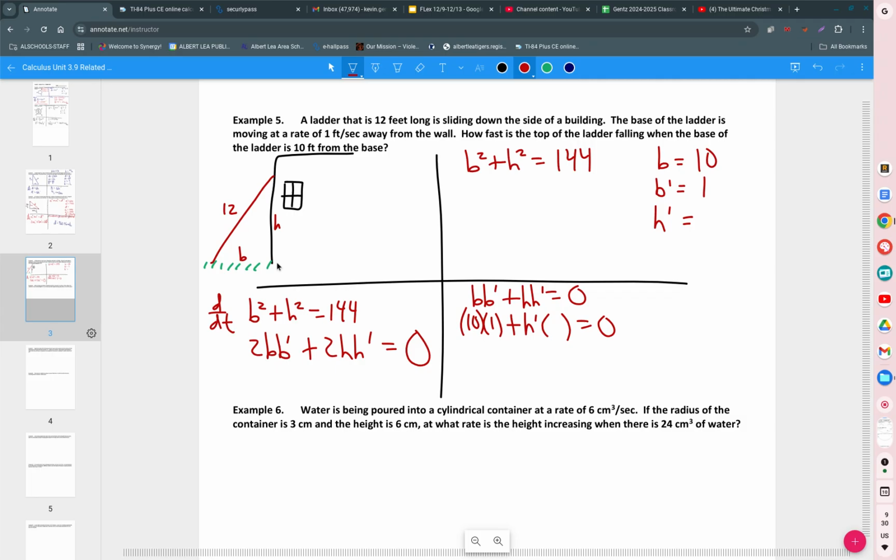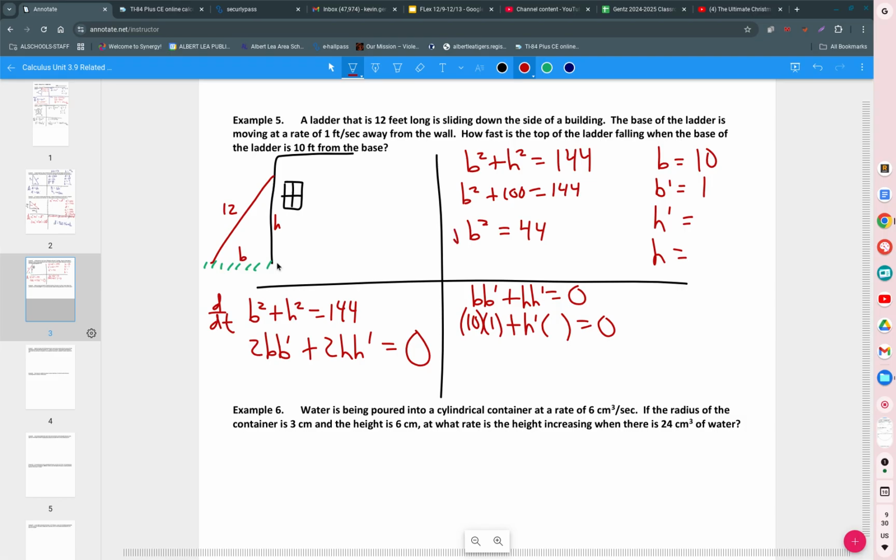How in the world? I go back to the Pythagorean theorem, right? So I can figure out h. In fact, we don't even use our calculator because we're super smart. We just plug in 10 for b, and we get h squared plus 100 is equal to 144. Or rather, h squared is equal to 44.